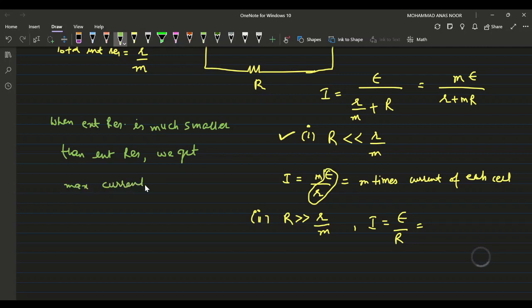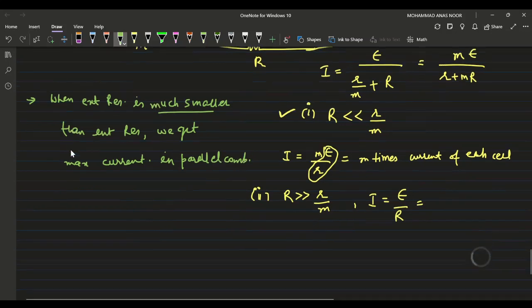Correct? For series it was the opposite. When external resistance was larger than the internal, then we get the maximum current there. But here it's when the external resistance is smaller than the internal resistance. So we get the maximum current in parallel combination. Okay. So this is the second.